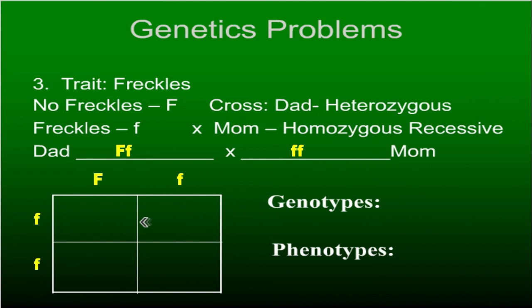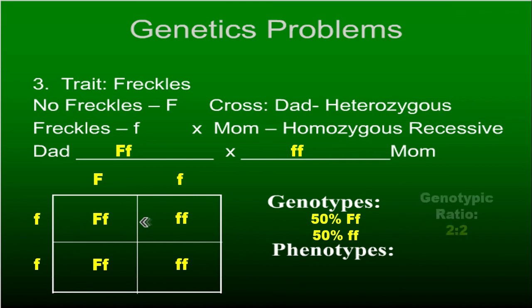Let's take a look at the results. The first box would be heterozygous, the second box would be homozygous recessive, then the third box is heterozygous, and the last box is homozygous recessive again. So making the genotypes 50% heterozygous and 50% homozygous recessive.